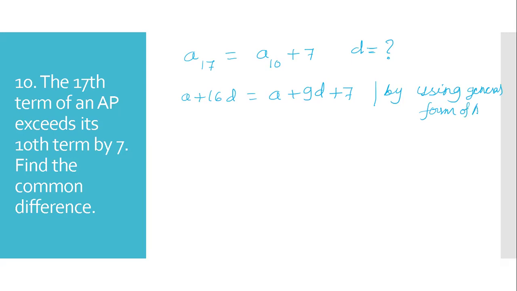This is A plus 16D minus A minus 9D is equal to 7. This A gets cancelled. 7D is equal to 7. D is equal to 7 by 7. D is equal to 1 is the answer.